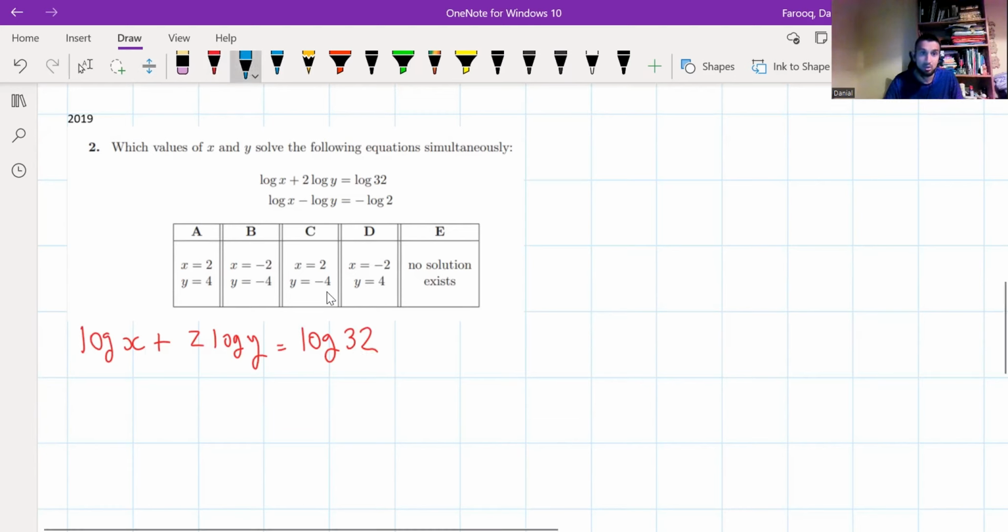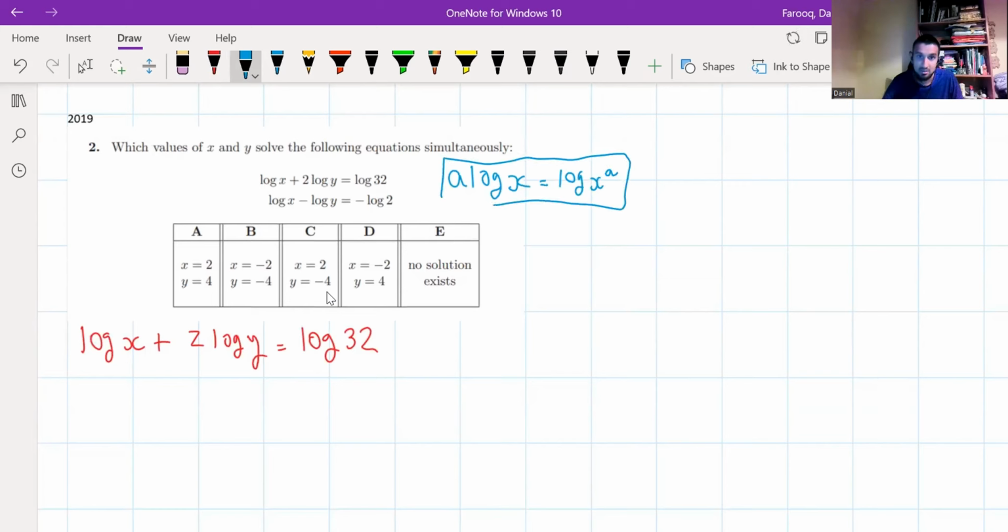Now there's another law in logs, which is that a log x will equal log x to the power of a. Okay, so that is a very useful law, especially in this instance, because this will then become log x plus log y squared, and that can stay as log 32.